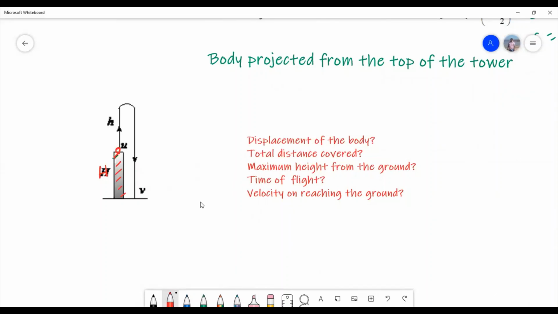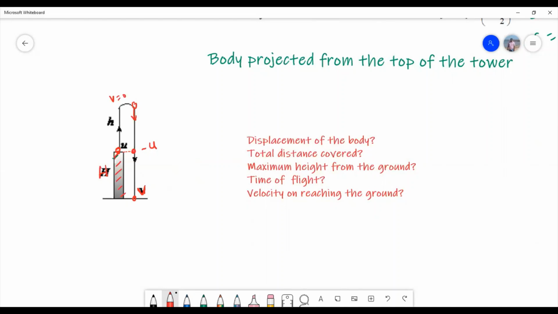Again it rises, and its velocity becomes 0 at the highest point. Then it starts moving in the reverse direction. An important point to understand: by the time it reaches the projection point, its velocity is again minus u, because whatever velocity the body is projected with, it touches the same point with the same velocity. Then from there it comes down and touches the ground with some velocity v. At the same level the velocity is the same; this is a different point.